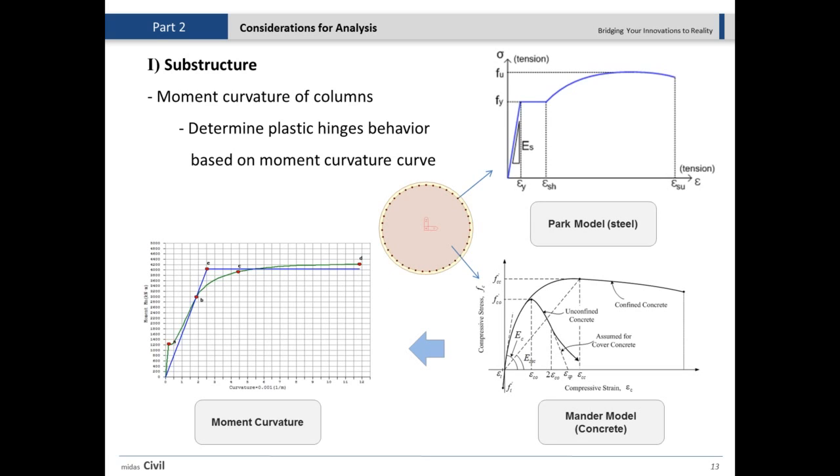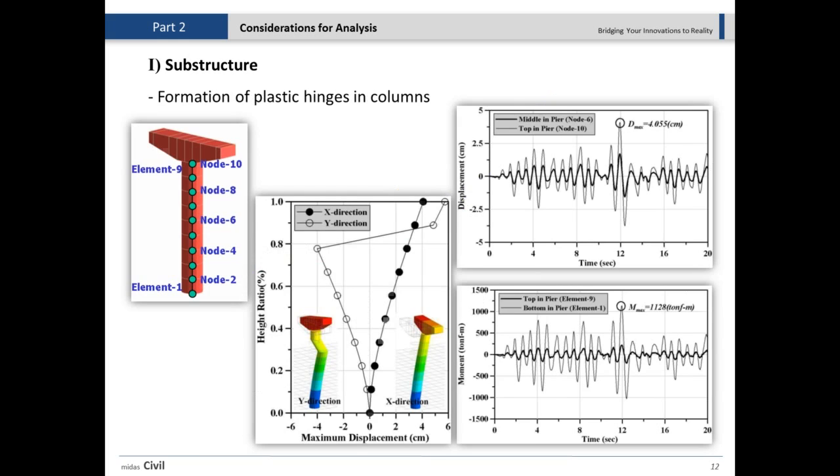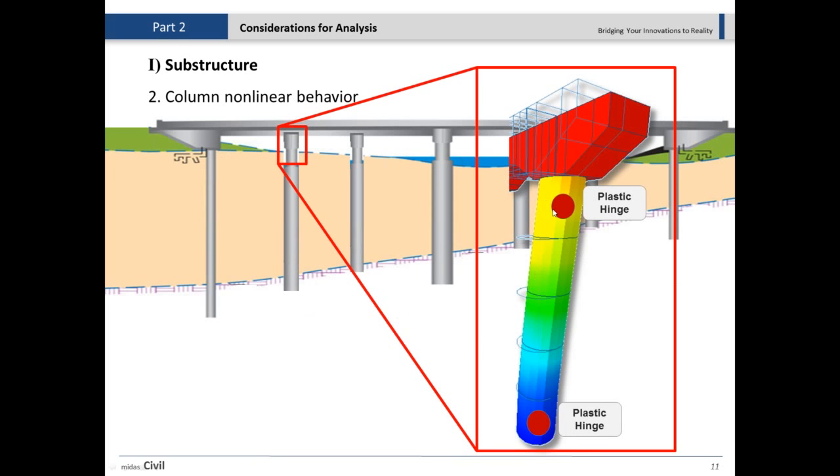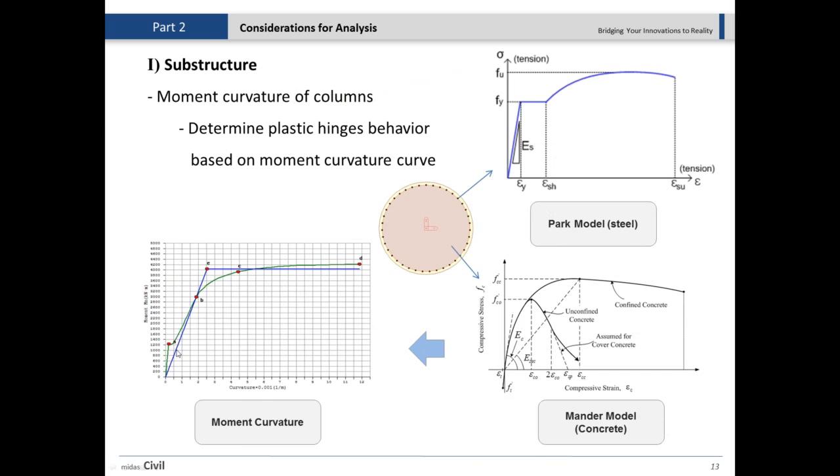this column, where on the y-axis we have the moment, and on the x-axis we have the curvature. Curvature is easily calculated based on the deformation shape of the column. But what you probably need at the end of the day for defining the plastic hinge is this bilinear curve, the blue line that you see here, which we call the idealized curve.